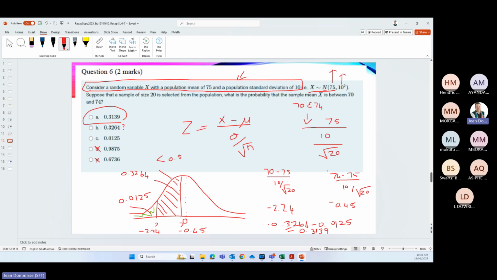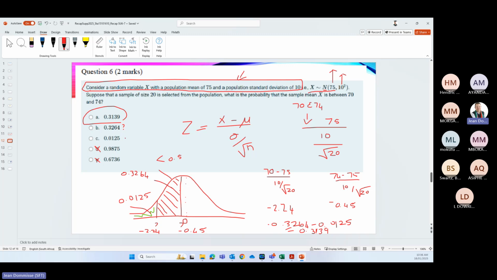Please don't go and say minus 2,24 and subtract minus 0,45 and get a new z and then go to the z table. Work out the probability of the one, work out the probability of the second one, and then you subtract. Don't subtract when you are at the z.